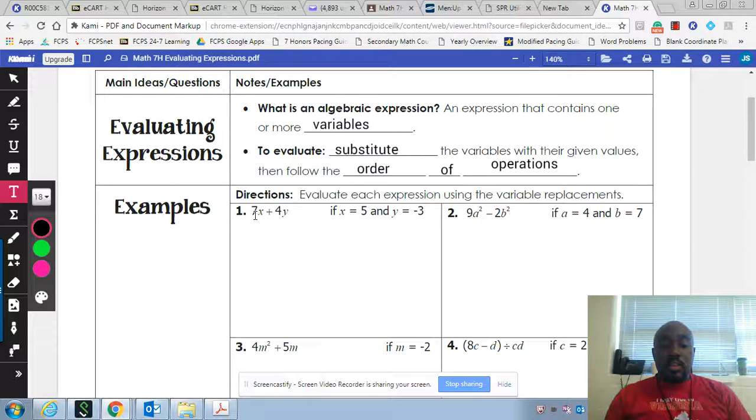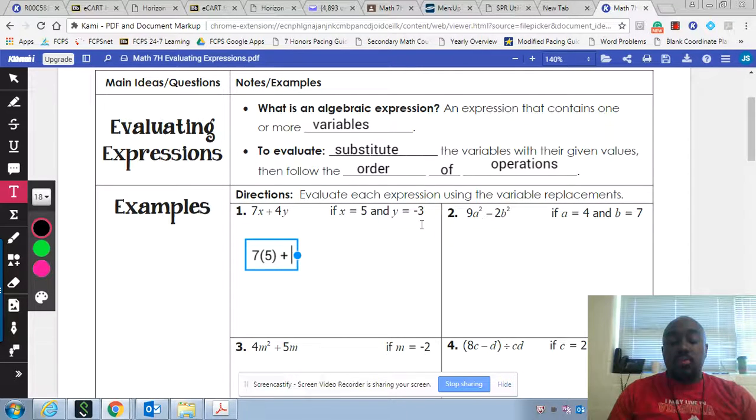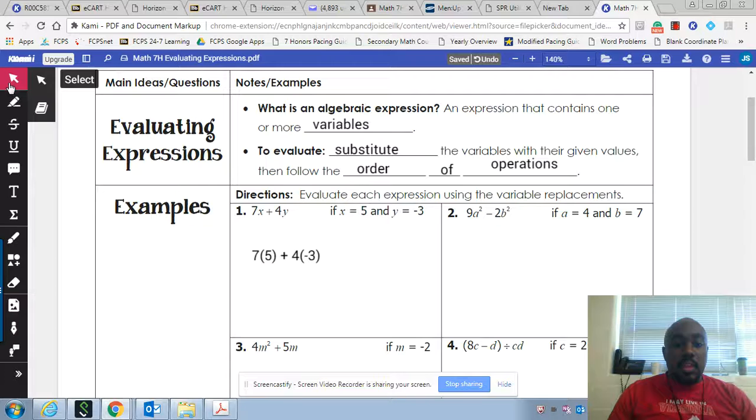Since x is 5, I'm going to do 7 times 5, and the addition sign right after that. Then since y is negative 3, I'm going to do 4 times negative 3. Now notice that this just simply looks like an order of operations problem, so we follow the order of operations.